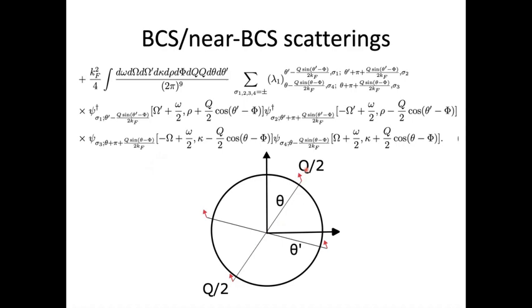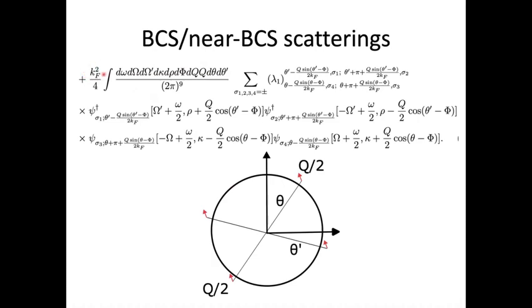And these Cooper pairs with a net momentum Q now can be scattered into other locations with the same center of mass momentum at angle theta prime. Okay, again, the center of mass momentum capital Q is small, so that's why the phase space for Q is suppressed linearly like this.